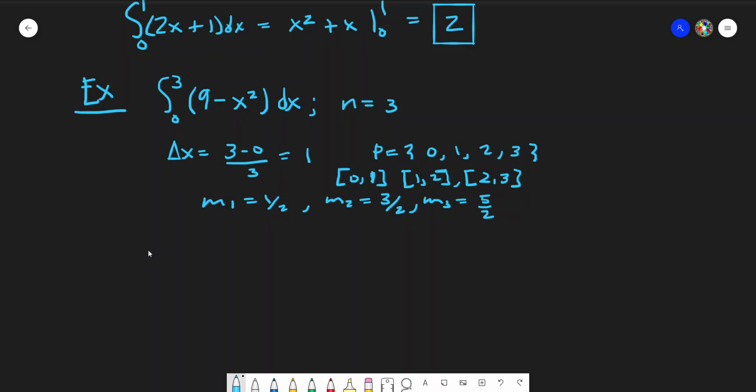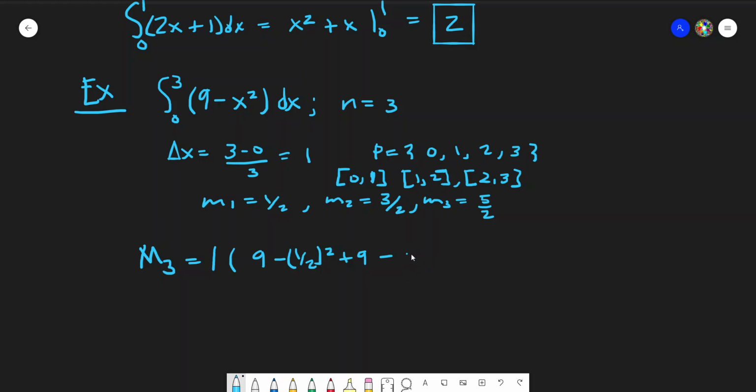So accordingly, we have that the sum M3 is equal to 1 times, so now we're going to say (9 minus 1/2 squared) plus (9 minus, not 1, but what is this?